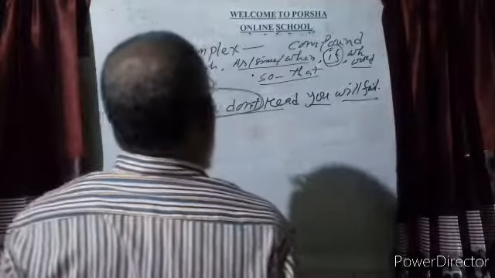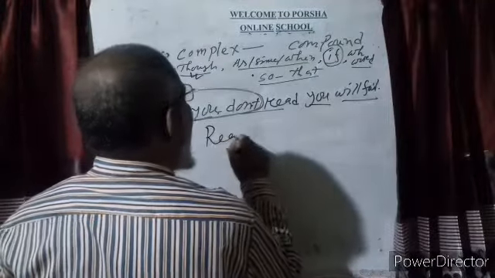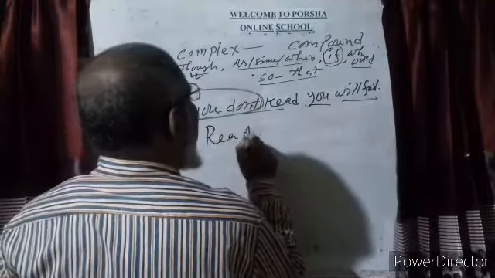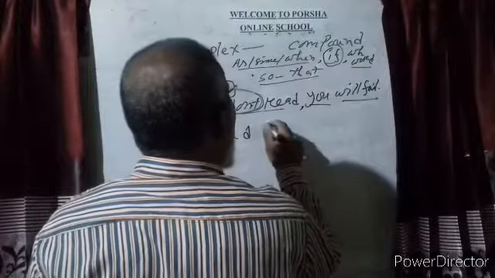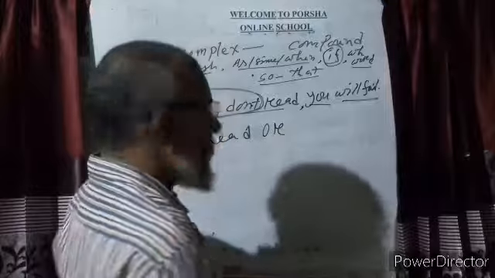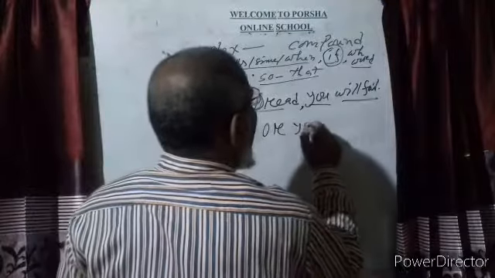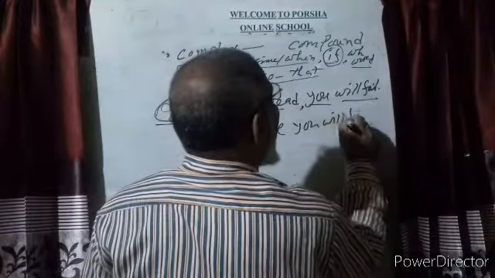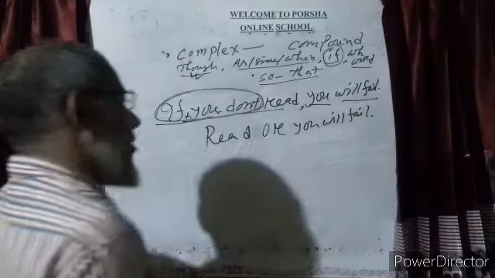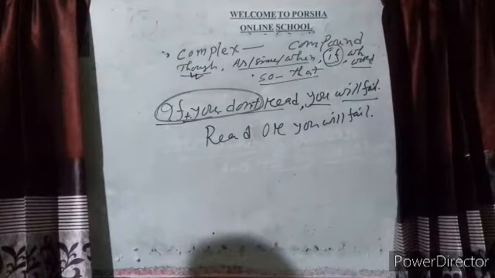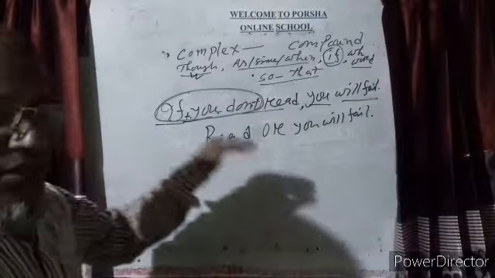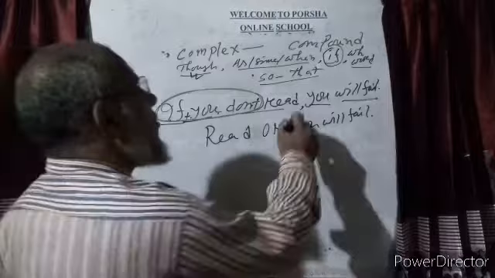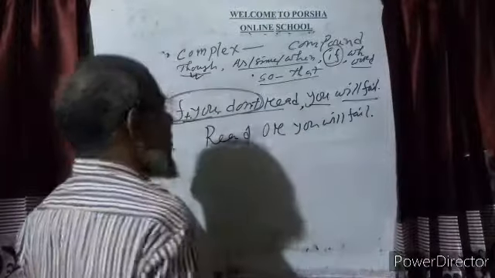So the answer will be read, and here a comma is used in the complex sentence. In lieu of the comma, or will be used. Read or you will fail. This is the compound form of this sentence. If plus negative part will be omitted, and only in lieu of the comma, or will be used.